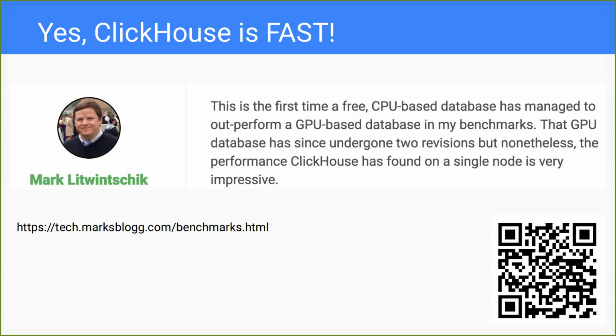And you can read on this slide what he said, which is basically this is the first time a CPU-based database has been able to outperform a GPU database. So that's a really, really interesting comment. And we find that overall, on balance, ClickHouse is the fastest database you can find, unless you have GPUs attached.